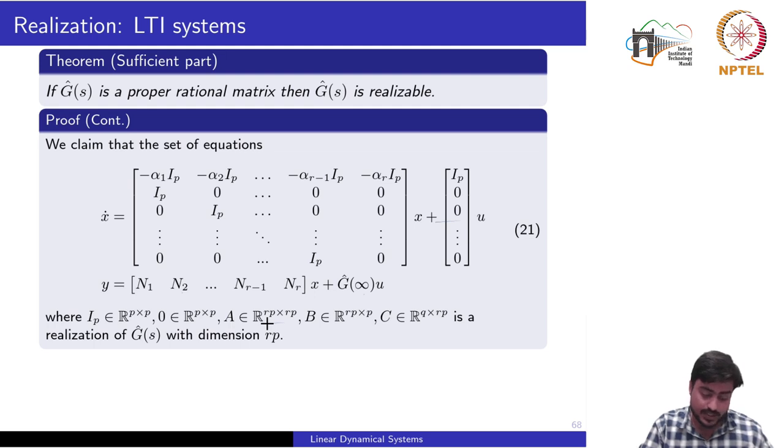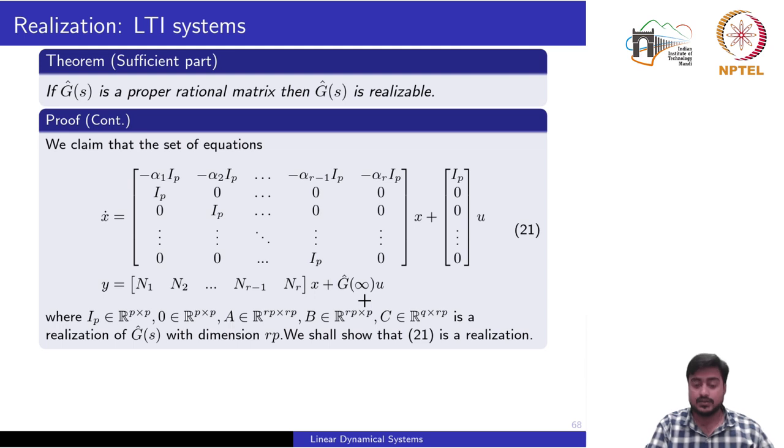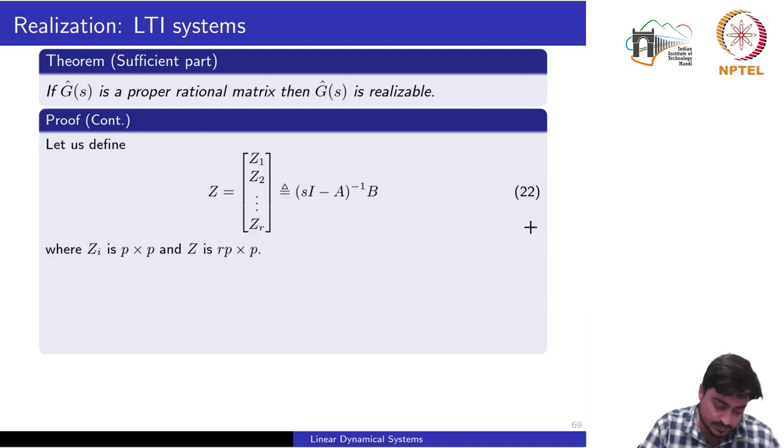Okay, so now we need to show that this state space representation is a realization. If we are able to show this, it means that g hat of s is a realizable transfer function. So let's see.